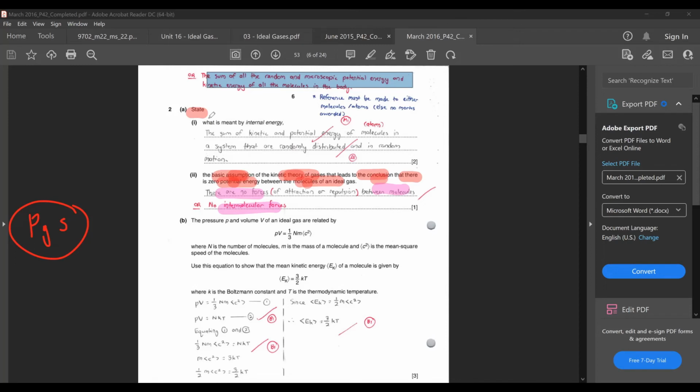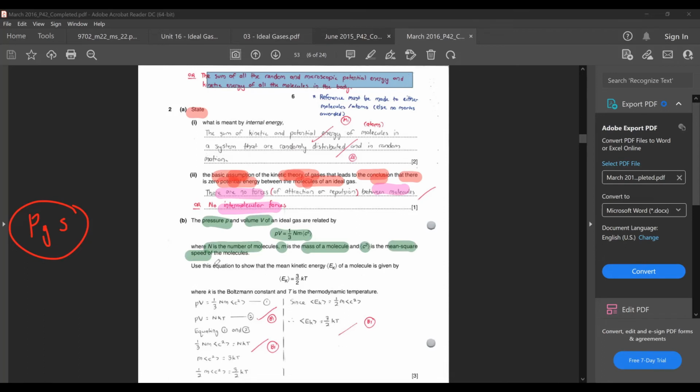Okay, so if this one is okay, then we move on to the other part, part B. Now, pressure P and volume V of an ideal gas are related by this equation. PV equals 1 over 3 NMc squared, where N is the number of molecules, m is the mass of a molecule, and c squared is the mean square speed.